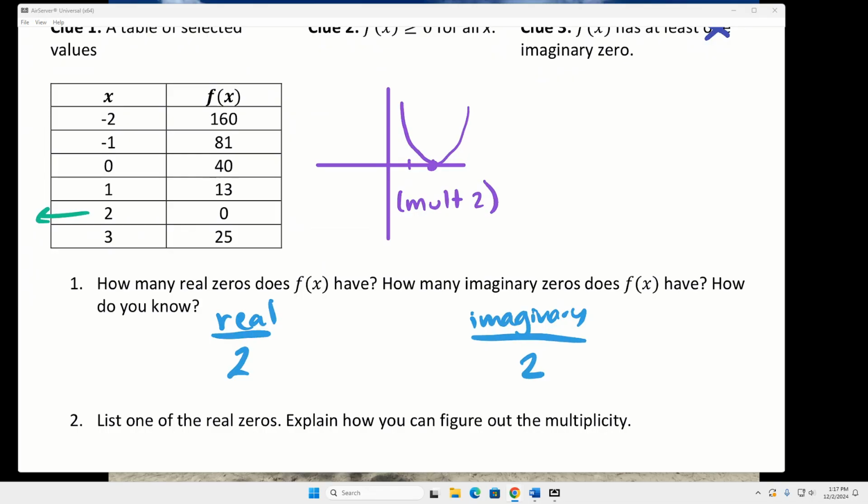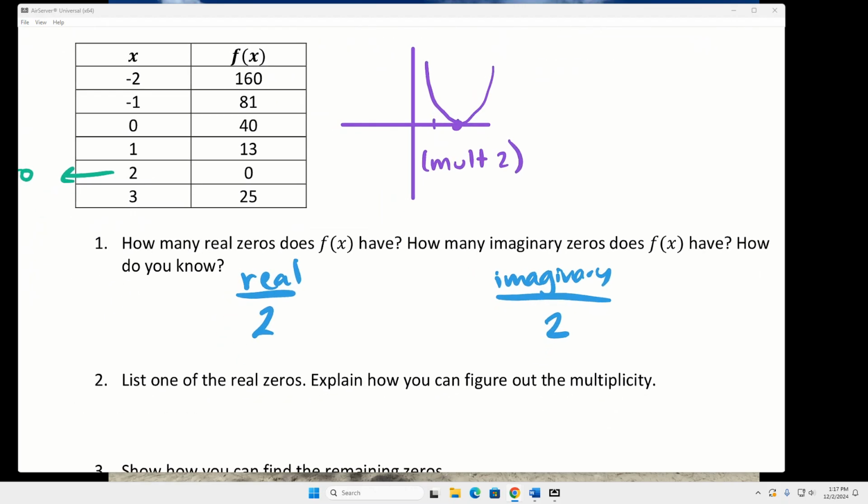Right. And then these 2 real zeros, this problem has a lot of 2's. I should have changed it to be a little bit different. But x equals 2 is a real zero, but because it has a multiplicity of 2, you actually count it twice. I know that's weird, but for the fundamental theorem of algebra, that's counting as 2 zeros.